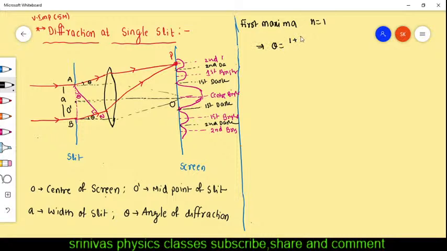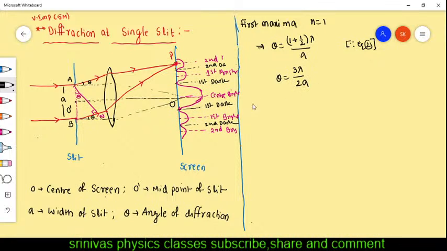Previously we got theta as (n plus 1 by 2) into lambda by a for the nth maxima. For the first maxima, n equal to 1, from equation 2. Now theta is equal to 3 lambda by 2a.